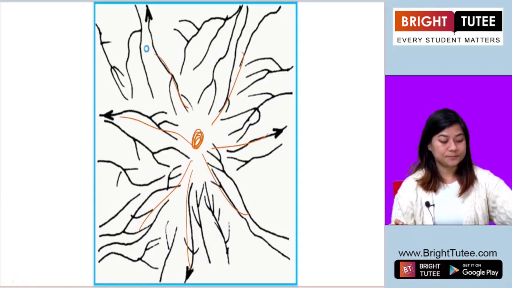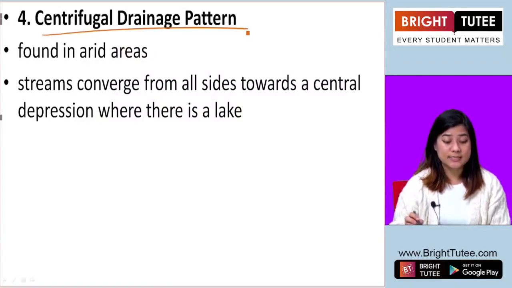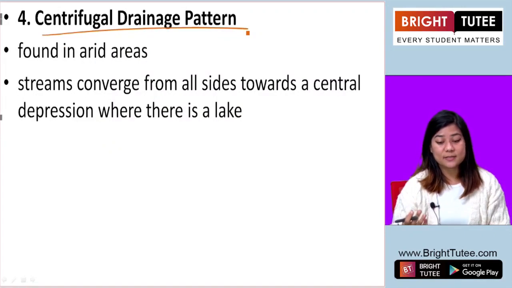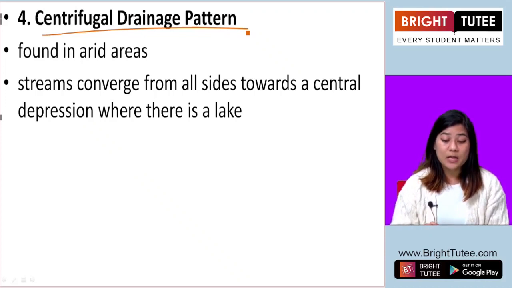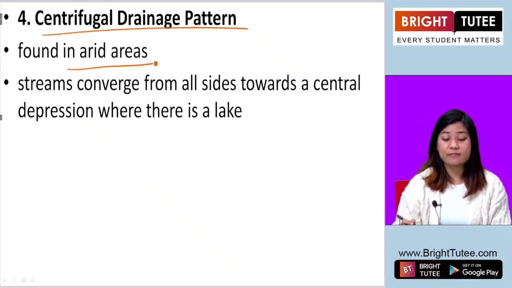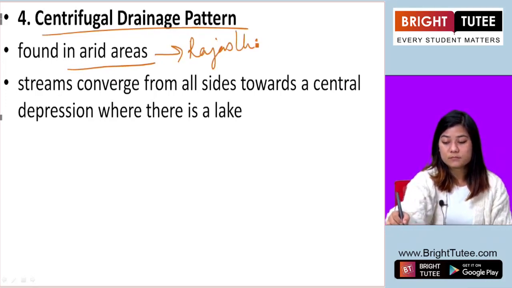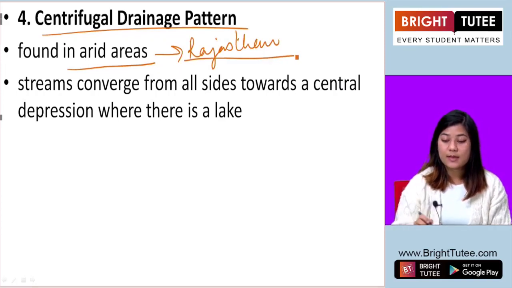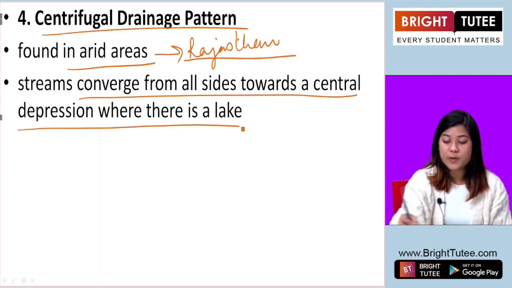All right. The fourth one is called the centrifugal drainage system. Now this centrifugal drainage pattern is found in dry and arid areas like Rajasthan. Okay. And in this kind of drainage pattern, the streams converge from all sides towards a central depression where there is a lake.